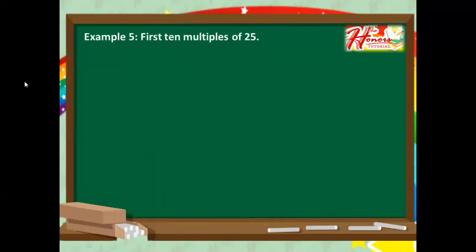How about this? We have here the first 10 multiples of 25. So let's have our solution. This is not an infinite statement because we have here our limitation, first 10 only. So we have to start with 1.